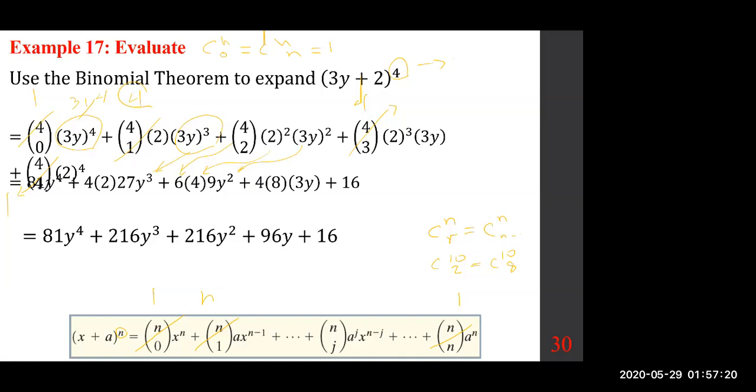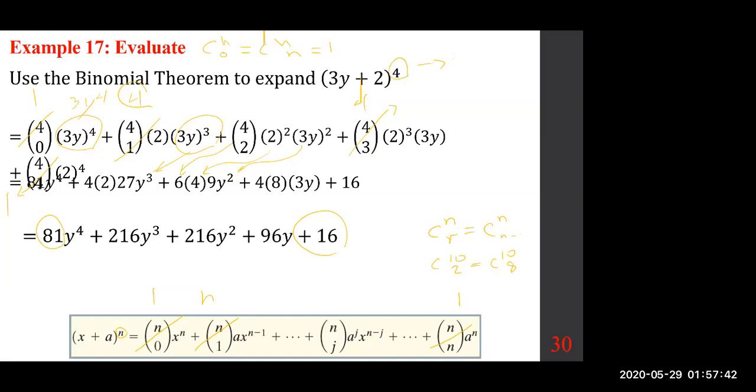All right, before I go to the last question, I want to make sure everybody understands the reason these things don't end up having the same number. If you look at this one, it is because when you go back to the original, one of them had 3y, one of them had 2.